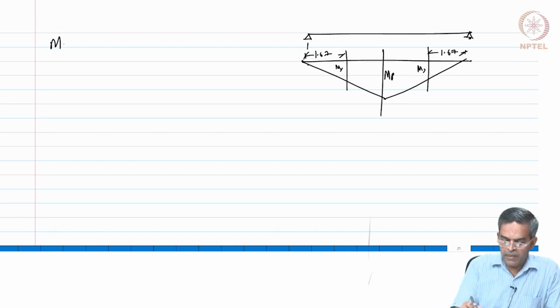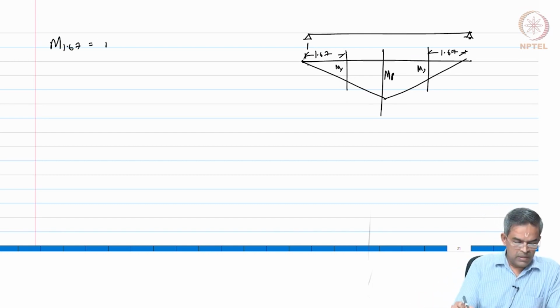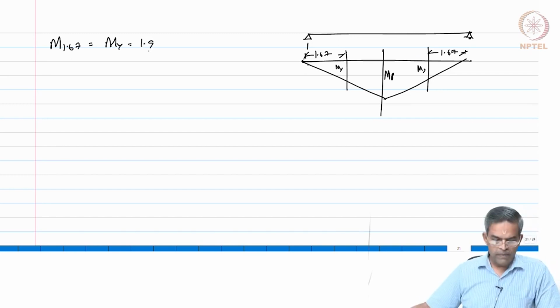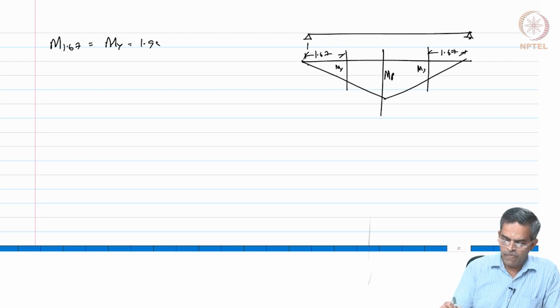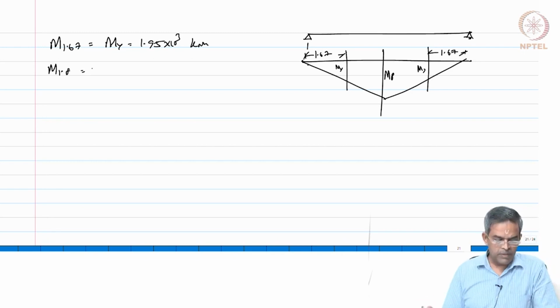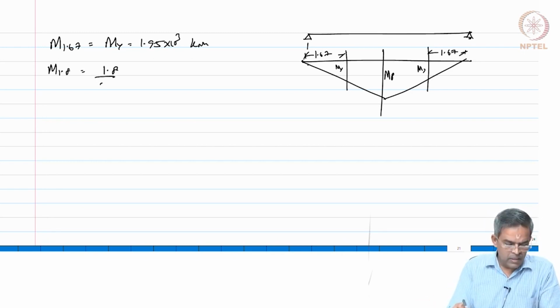So, I can say M at 1.67 is My, which is 1.95 into 10 power 3 kilonewton meter. Can I find M at 1.8 from the similar triangle principle?